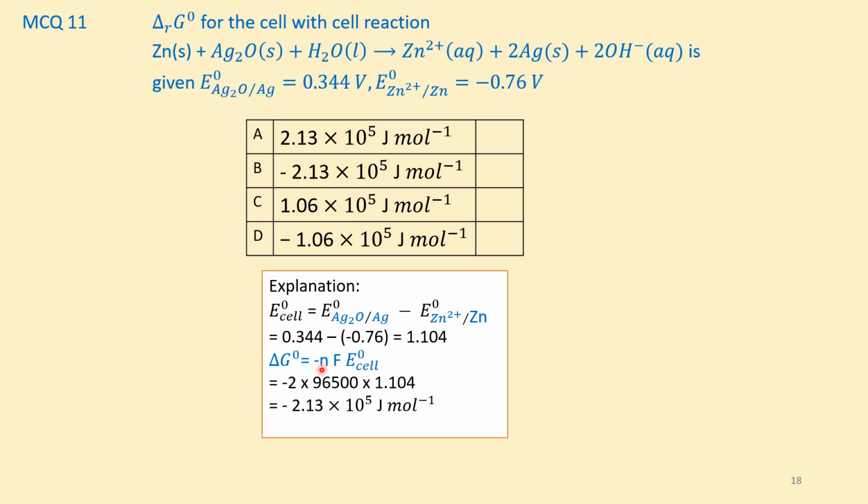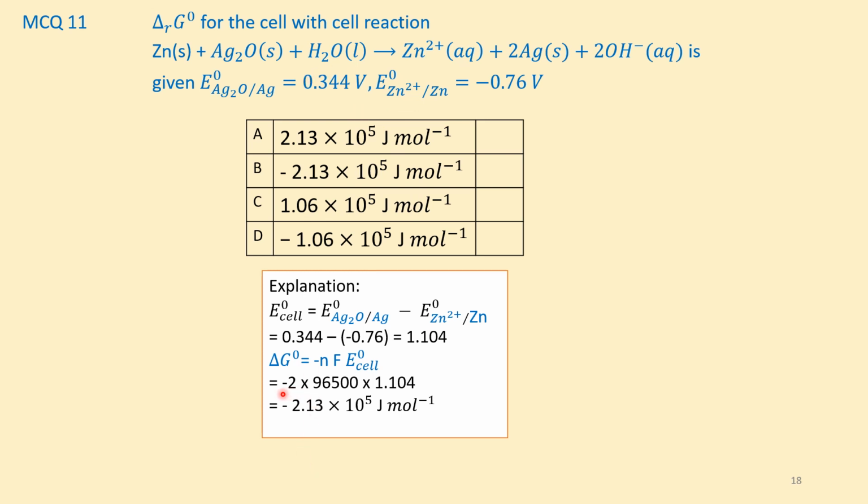So we have to use another formula. Delta G naught is equal to minus nF into E naught of cell. In this reaction, n is equal to 2.